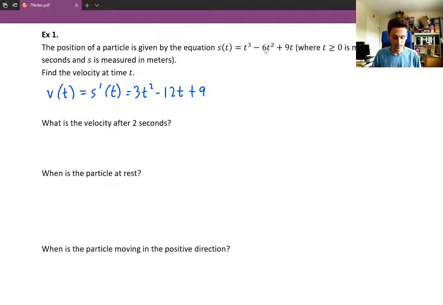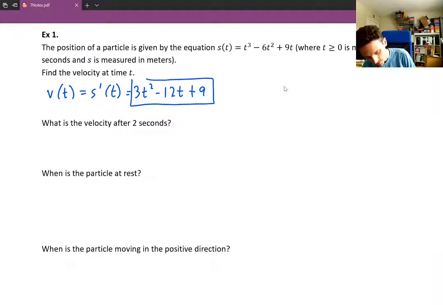Do the same thing for the minus 6t squared: multiply that 2 in front and subtract 1 from the exponent. That's what the power rule says. And for the 9t, we can think of that as a line whose slope is 9. So you can think about it visually for that derivative. So there's the velocity function as a function of t.